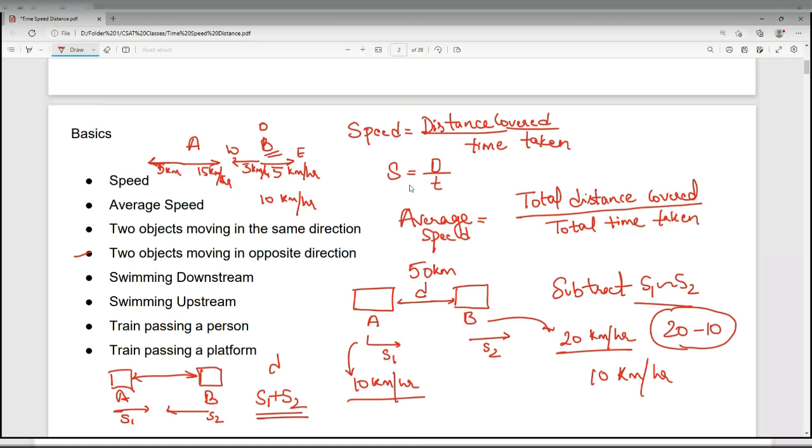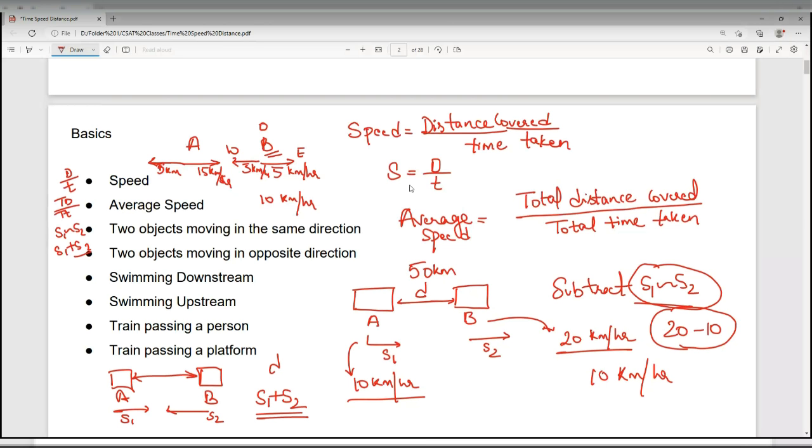Here in the same direction case, it is S1 minus S2, the difference between S1 and S2. So this is D by T, total distance upon total time taken. And this is S1 difference of S2. And this is S1 plus S2.